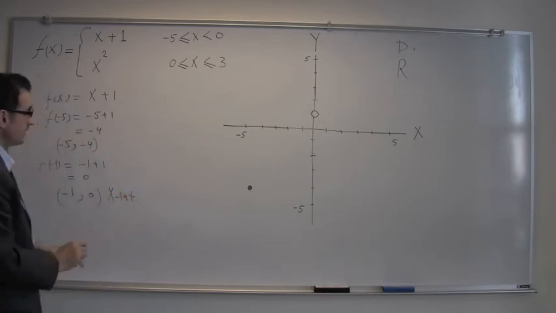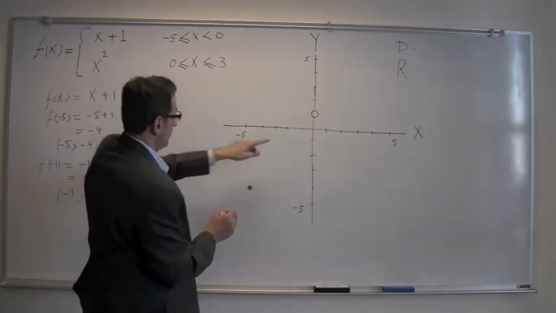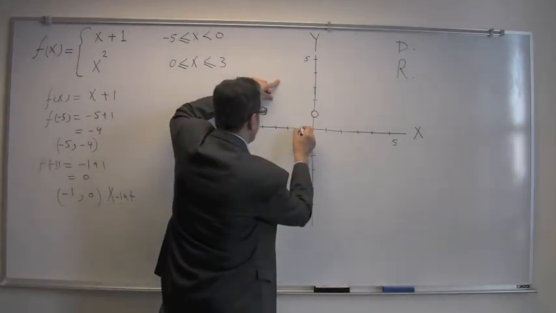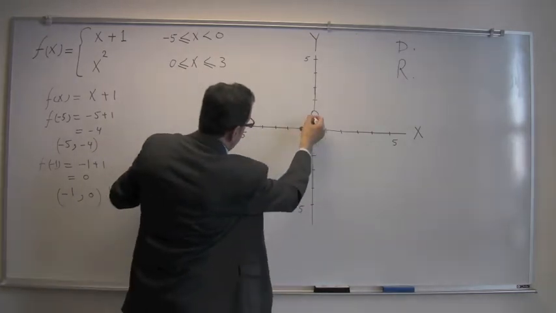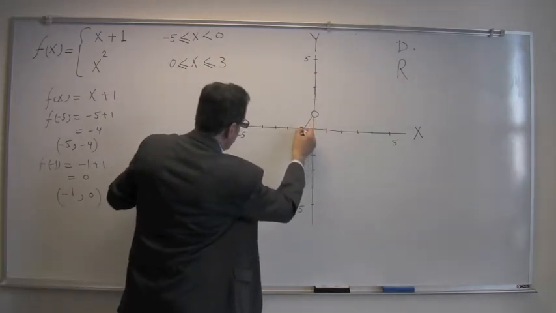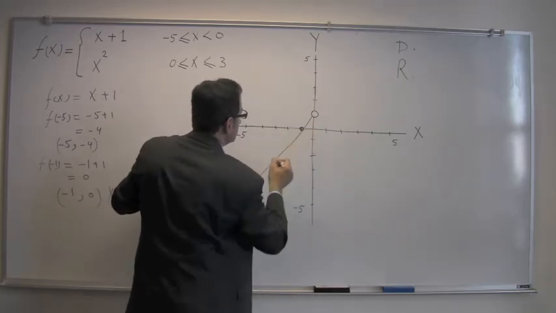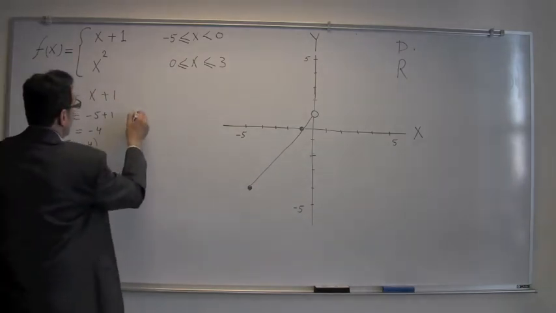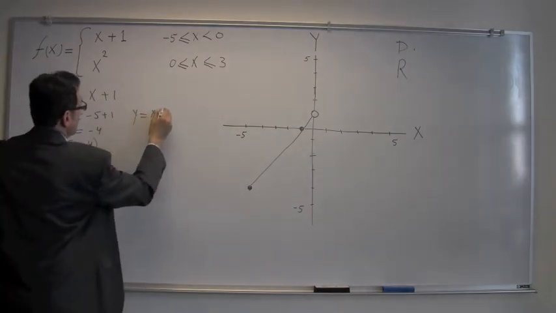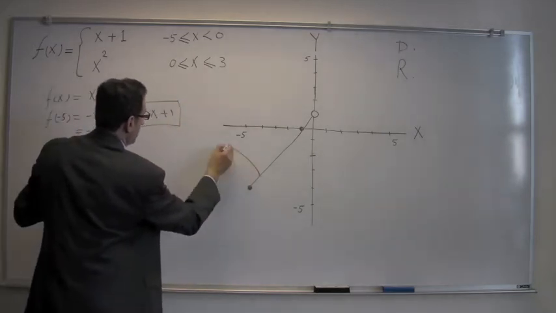So that's another point on the graph. If I connect these points, going through -1 and 0, that's my first graph. This graph represents y equals x plus 1.